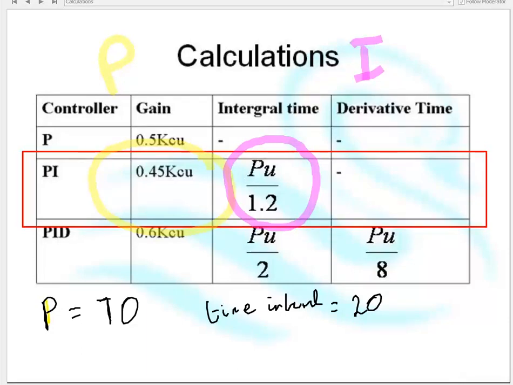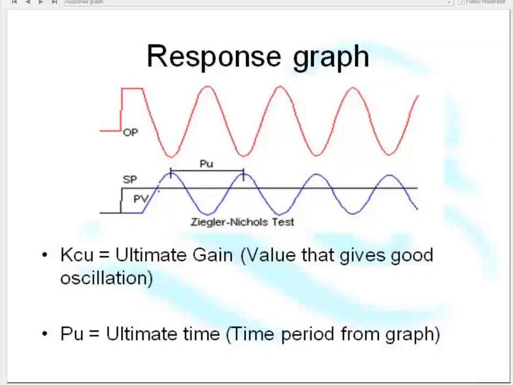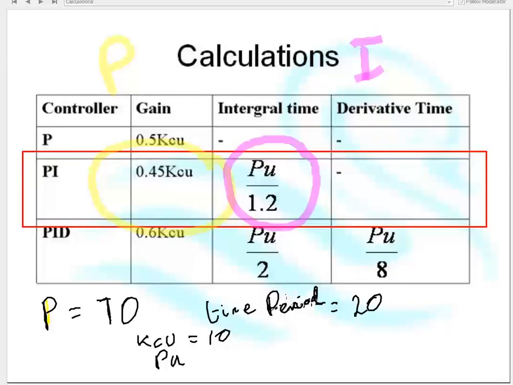So the time period of the oscillation was 20. Then this is the open loop values. This is the KCU. So that gives me a KCU of 10. What's the other thing called? A PU. A PU of 20.